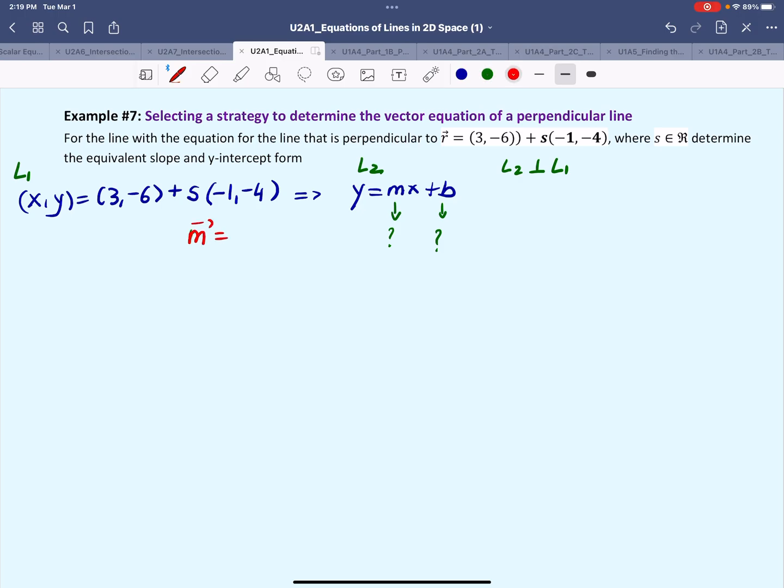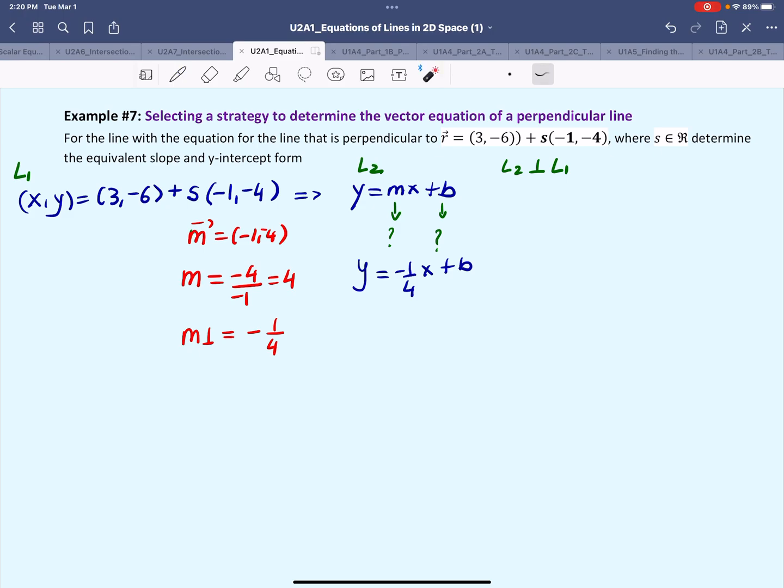This means the slope of this line would be the rise, the y value, divided by the x value, so that would be 4. The slope of the perpendicular to it would be the negative reciprocal of 4, which equals negative 1 over 4. So y equals negative 1 over 4 x plus b, and we still haven't found the value of b.